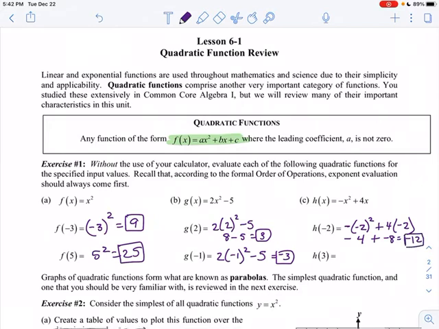And then when I substitute in 3, again, the negative's hanging out in front, so 3 squared plus 4 times 3. So 3 squared is 9, but that's a -9, and 4 times 3 is 12, so that gives me 3.